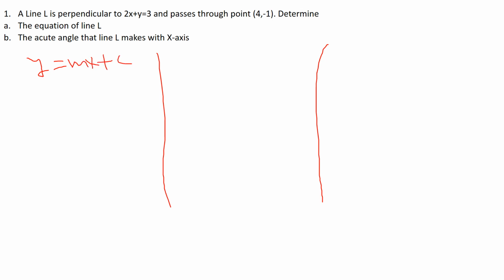So in this case we shall have y equal to negative 2x plus 3. So we shall have the gradient of the first line being negative 2, and m1 multiplied by m2 is equal to negative 1, so our gradient 2 will be equivalent to half.